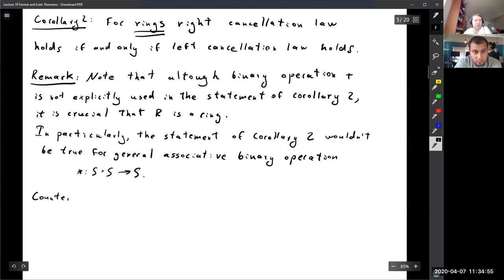Example 1. It's actually quite easy to construct. Let S be any set which has at least 2 elements.